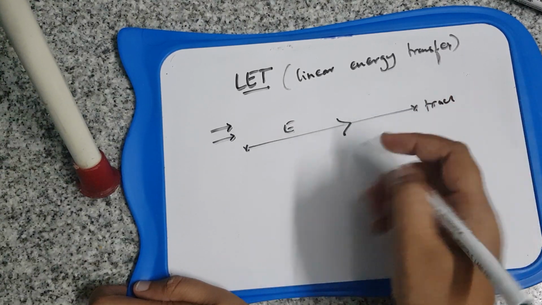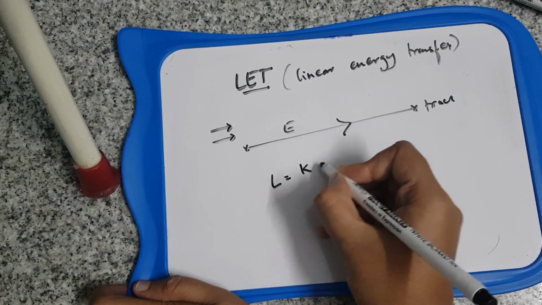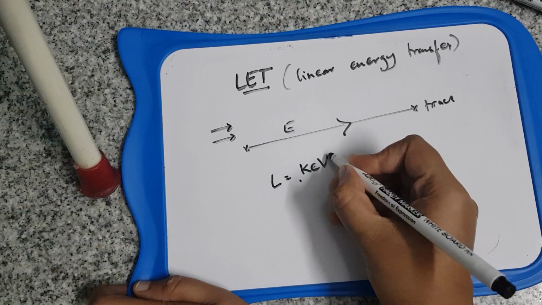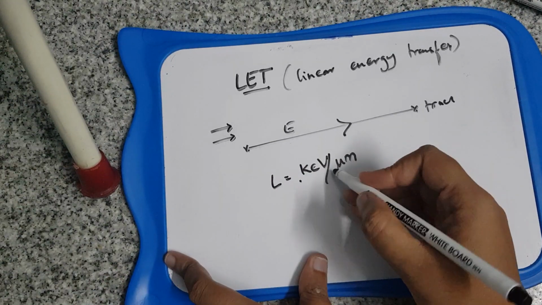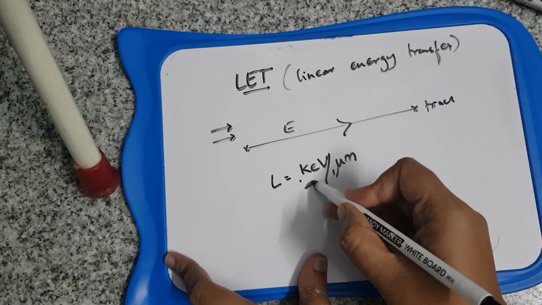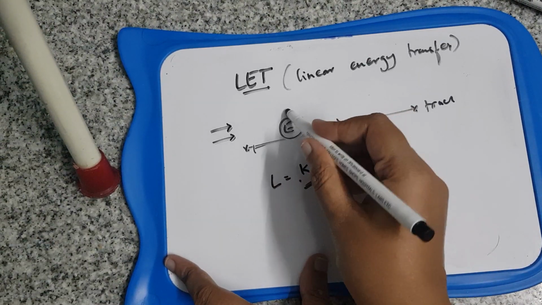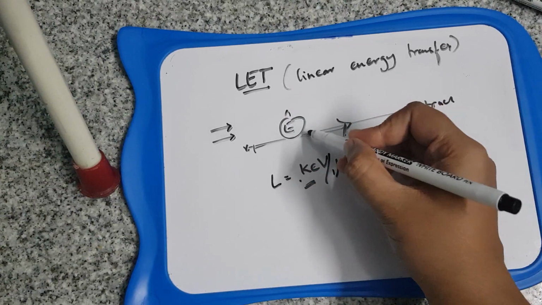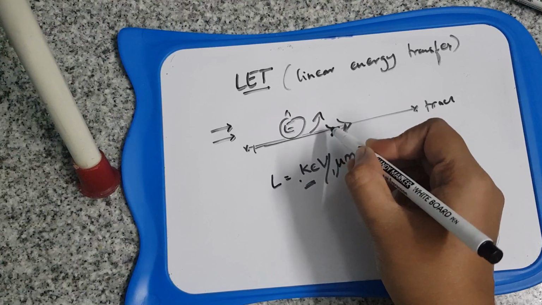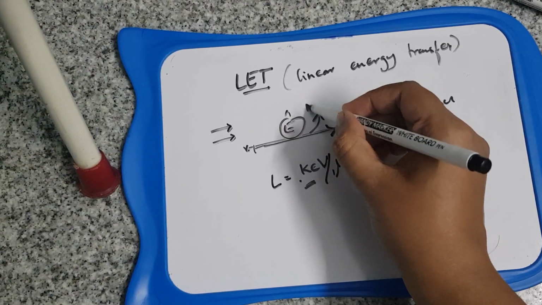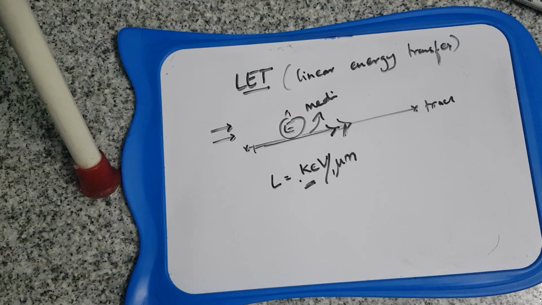The unit of linear energy transfer is kilo electron volt per micrometer. So if you take a distance of 1 micrometer, how much energy is transferred from the neutrons or X-rays to the medium.